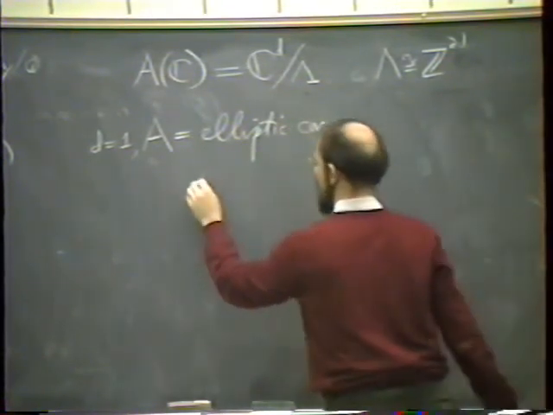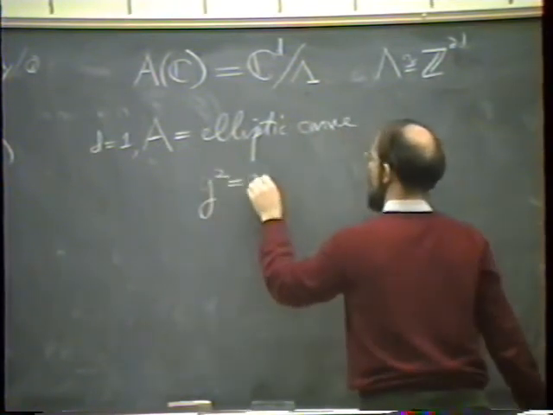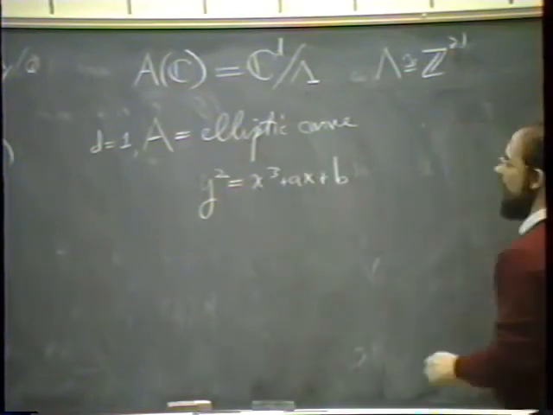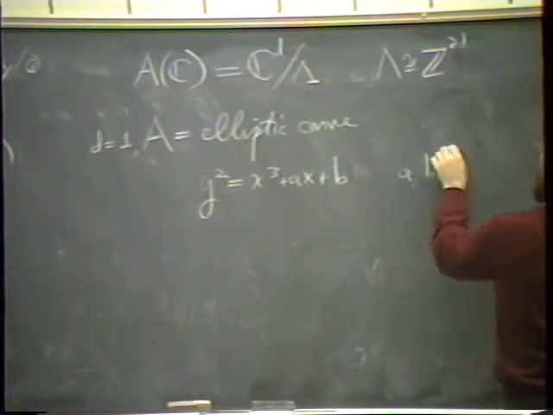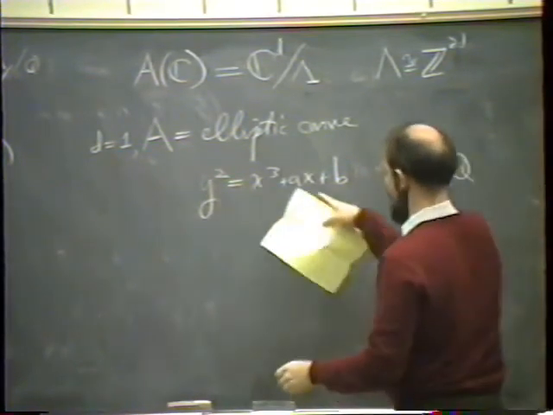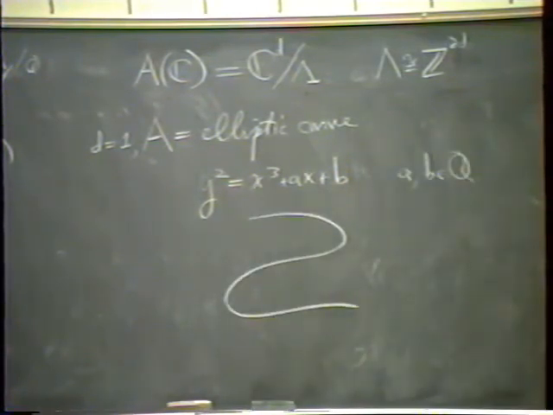So it's the projective completion of an equation like y squared equals x cubed plus ax plus b, where a and b are in Q, and the point is, this is a thing of degree 3.